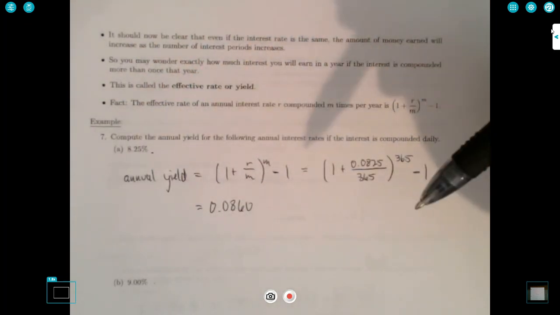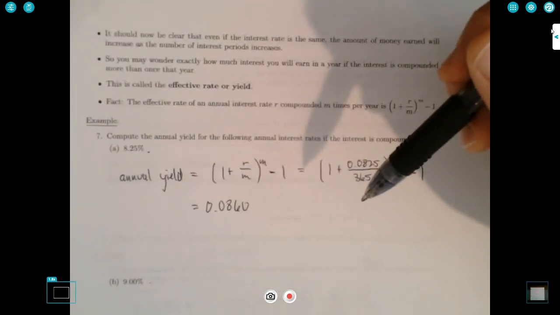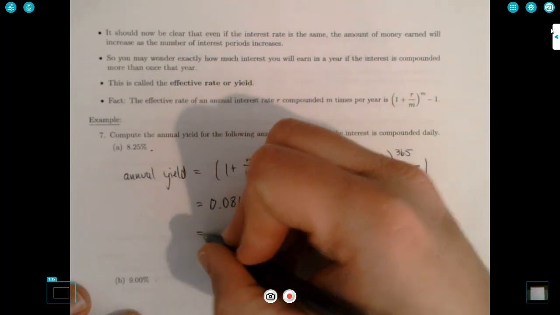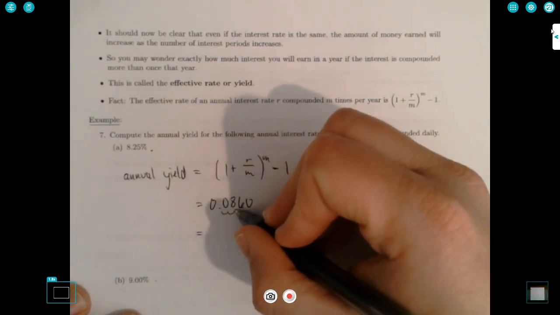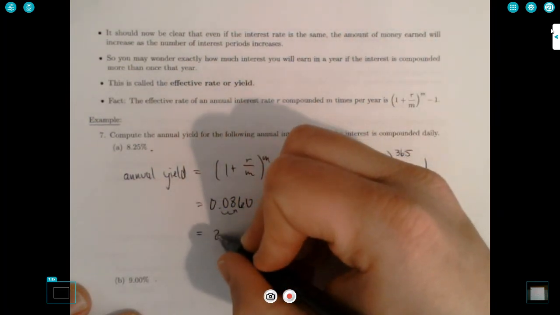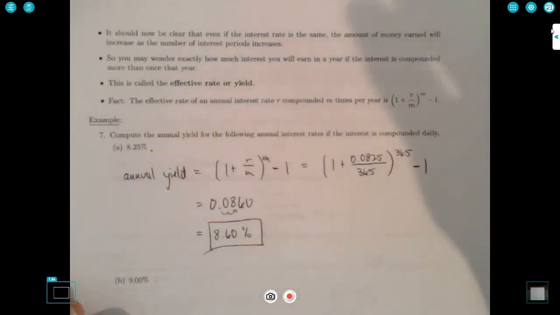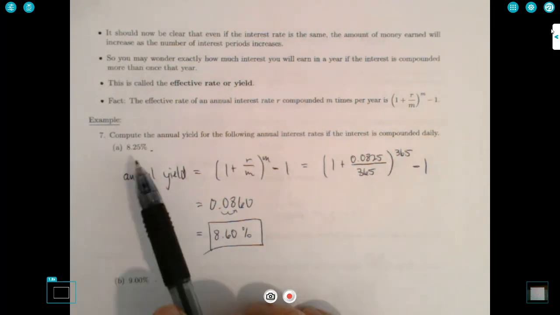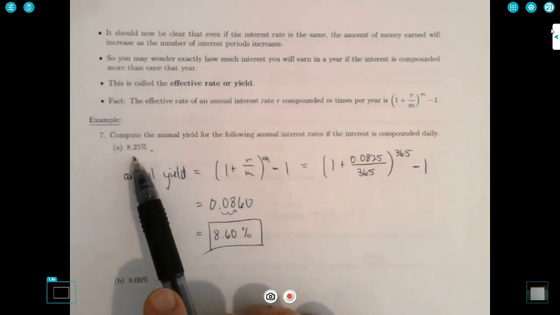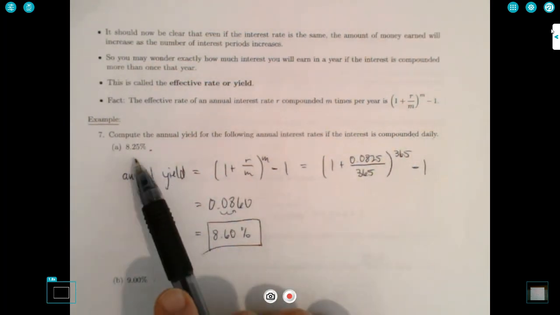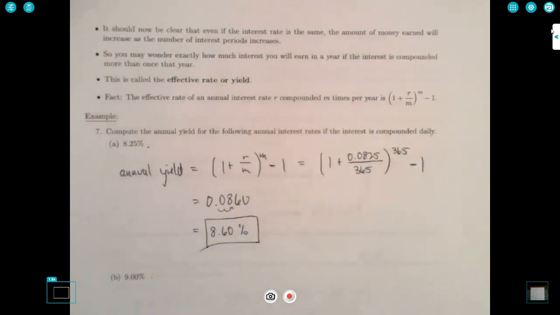So that's what I've done. Anyway, you change that into a decimal, which means move the decimal place over the other way. You get 8.60%. So that's the annual yield. Okay? So if the annual interest rate is 8.25%, but you are compounding daily, then the actual amount of interest you're going to end up making at the end of the year is 8.6% of whatever your principal amount was. Okay, so that's the annual yield.